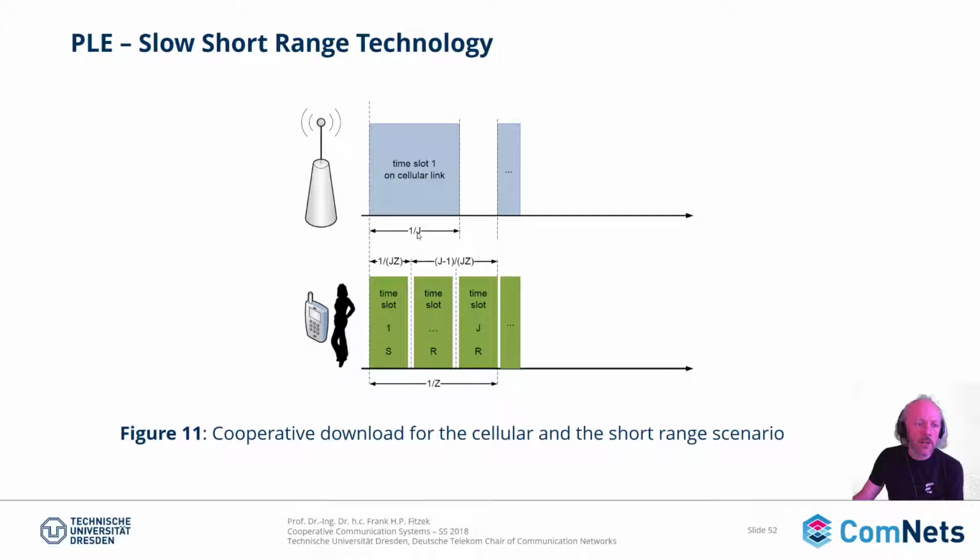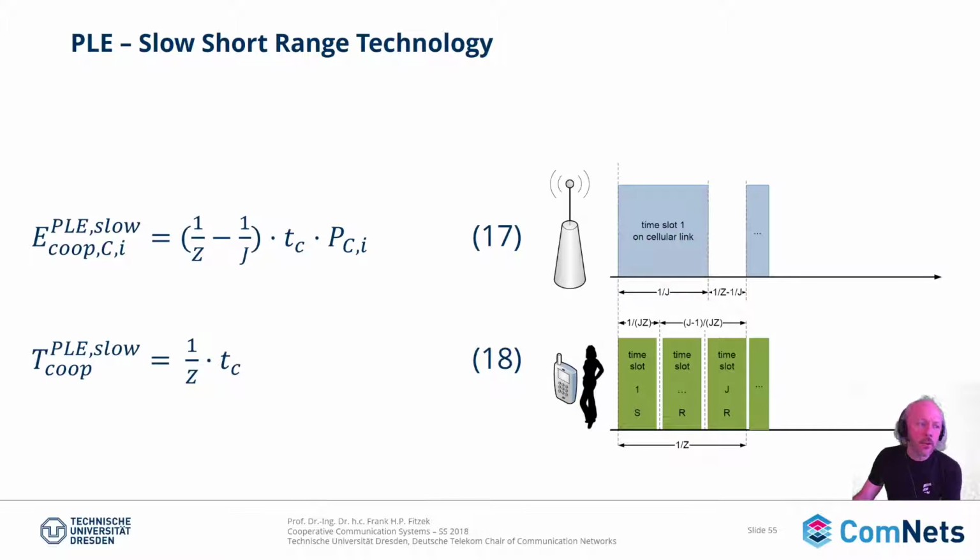On the other side, 1 over j is still the time I need to receive something, but now the idle time on the cellular link will change, and not surprisingly, this is now 1 divided by z minus 1 divided by j. Now 1 divided by j must be smaller or equal to 1 over z, so that you see here. And then you can do the same here.